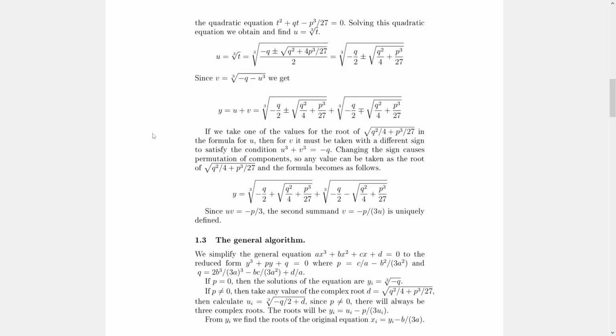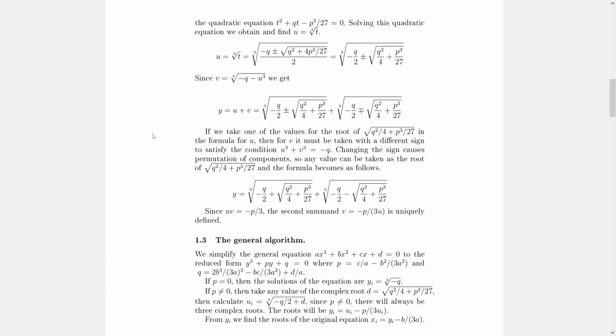If we take one of the values of the square root of q squared divided by 4 plus p cubed divided by 27 in the formula for u, then for v it must be taken with the opposite sign to satisfy the condition u cubed plus v cubed equals minus q.